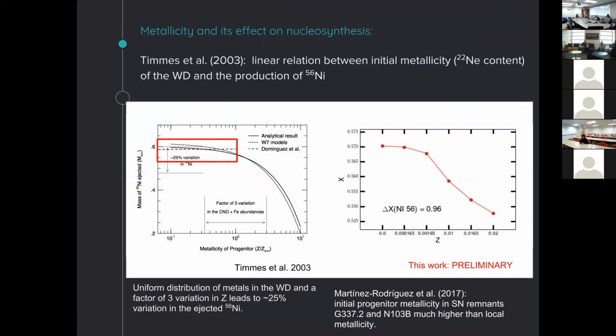Now, this is not a particularly intelligent way to do it, because by introducing this neon by fiat, essentially, without running the pre-supernova models, we can't be sure about the effect on burning and the flame speed and density compactness in the white dwarf progenitor to the supernova.